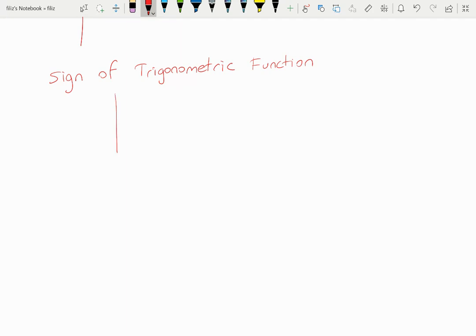Okay, I said we know here positive, positive; here positive, negative; here negative, negative; here positive, negative in the four quadrants.